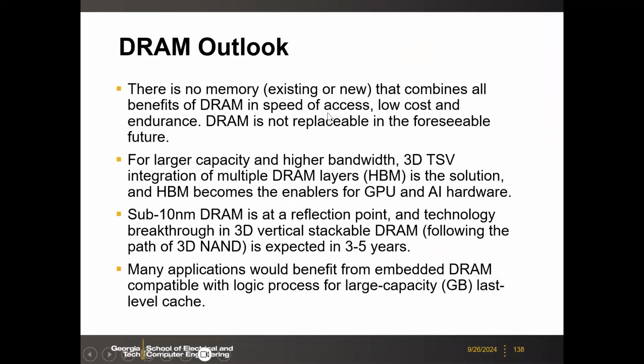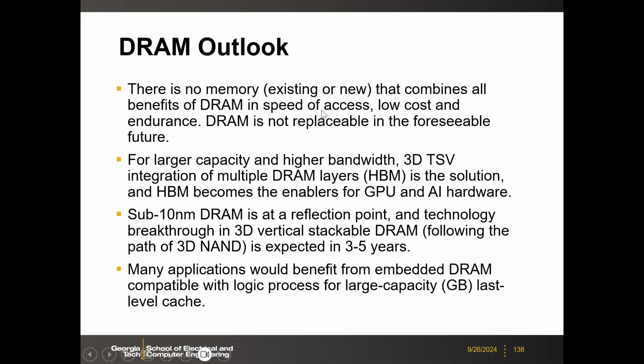Just a quick summary. We talked about the DRAM, and I would say there's no memory that can replace DRAM. That means no existing memory or any new emerging memory can replace DRAM, because DRAM has a unique combination of speed, cost and endurance.